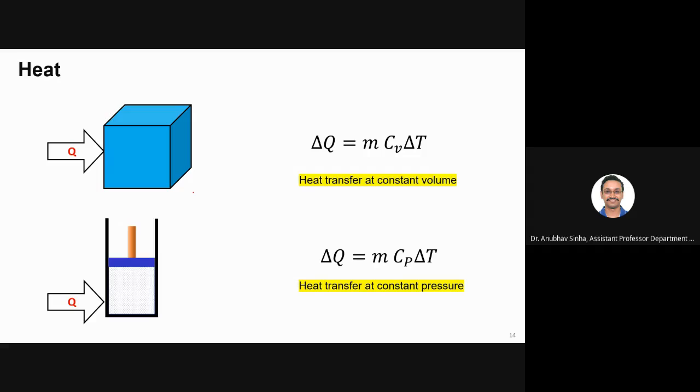So let us now look at heat. This is what we discussed in the last class. We have looked into constant volume and constant pressure processes, and we have defined heat transfer. We have calculated using CV and CP, right?